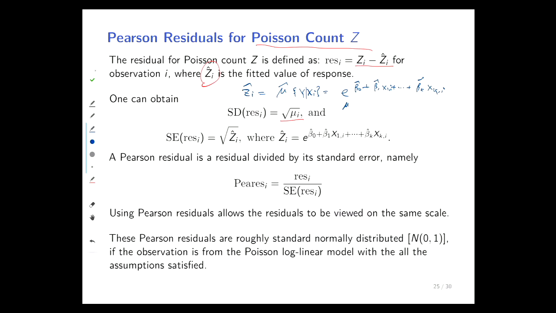The mu i is actually the exponential of beta 0, which is the true value but unknown, plus beta 1 x1i, and so on, until beta k xki, which is the ith mean of response. Maybe I just write it as the mean of zi.